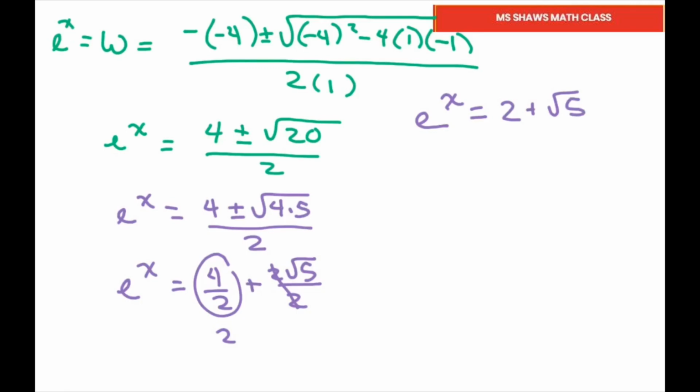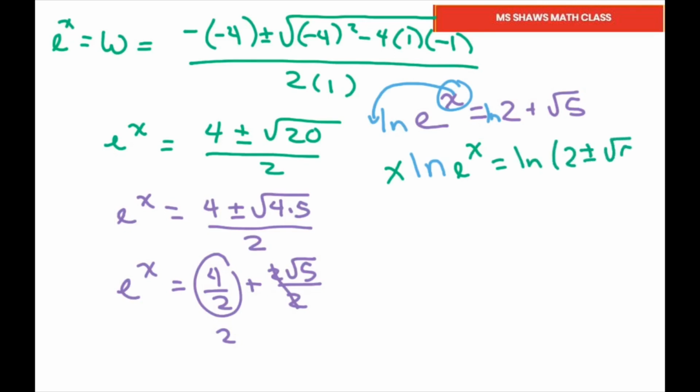Now to solve for x, we use our ln. You put ln on both sides, bring down the x. We know that x ln of e equals ln of 2 plus or minus the square root of 5.